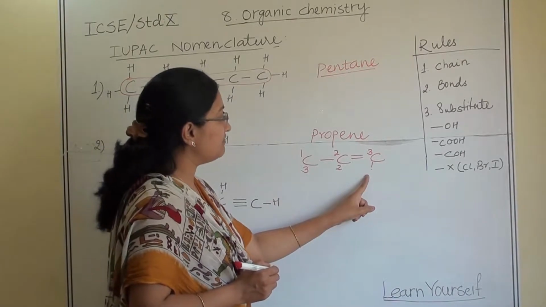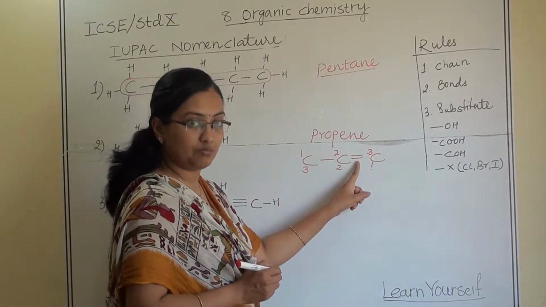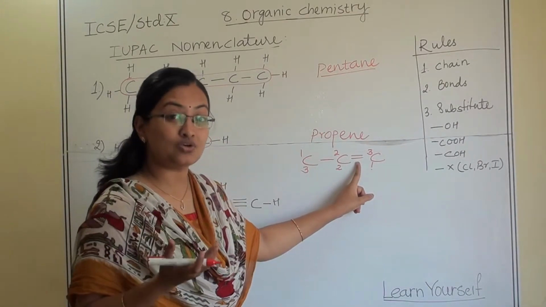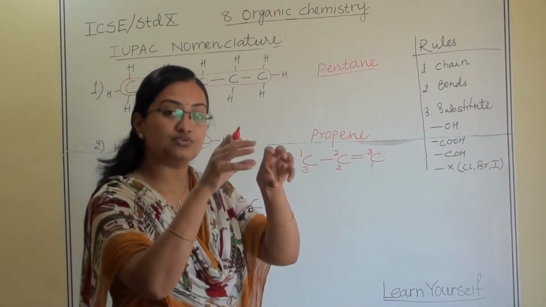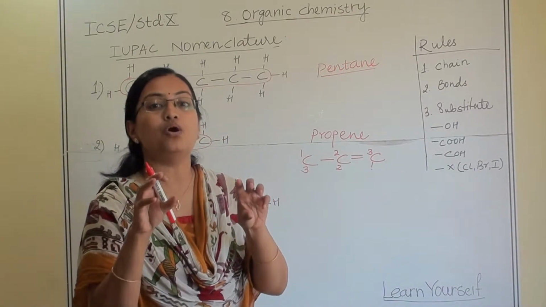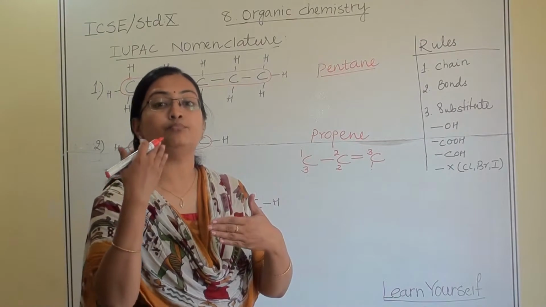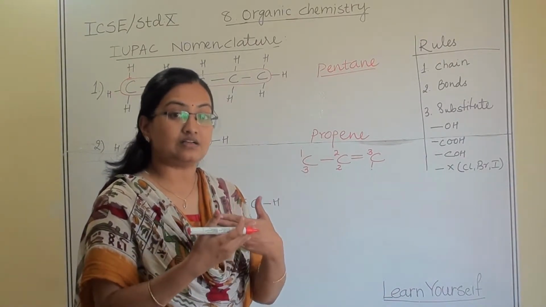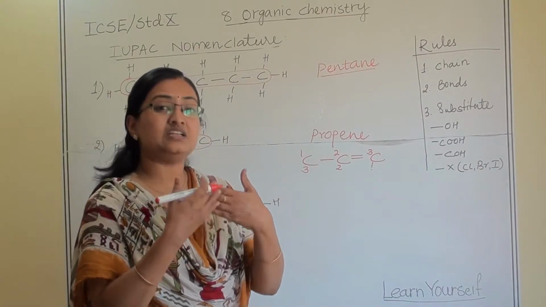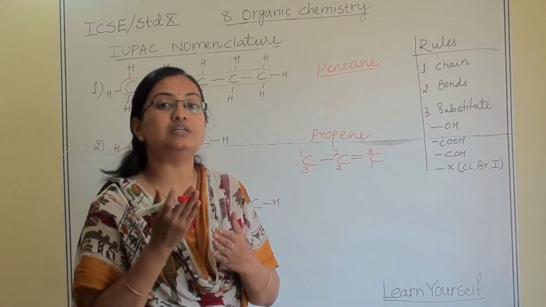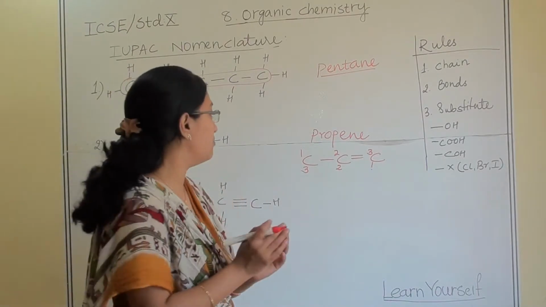So why are we giving a number to any bond? It shows that at that position, at that carbon atom, this double bond is there. So we are showing the position of that double bond, and it is necessary that we give the smallest possible number to that double bond.